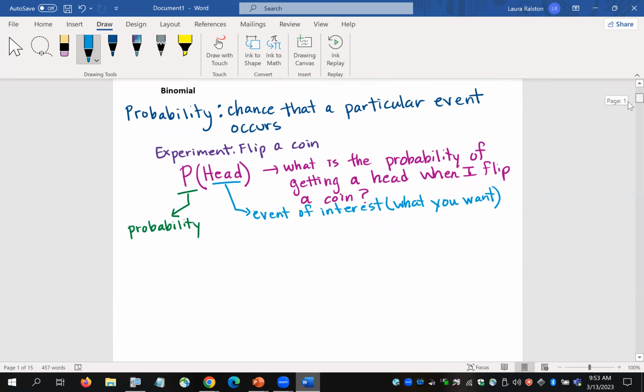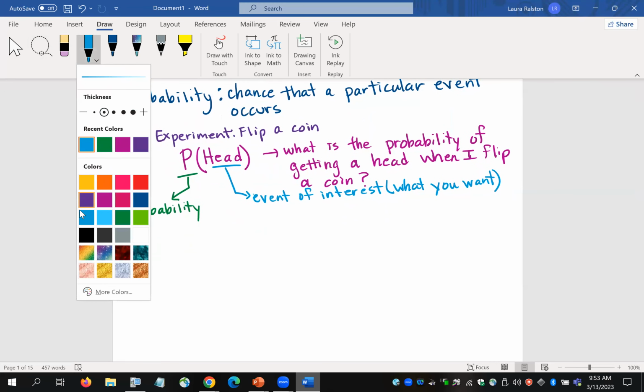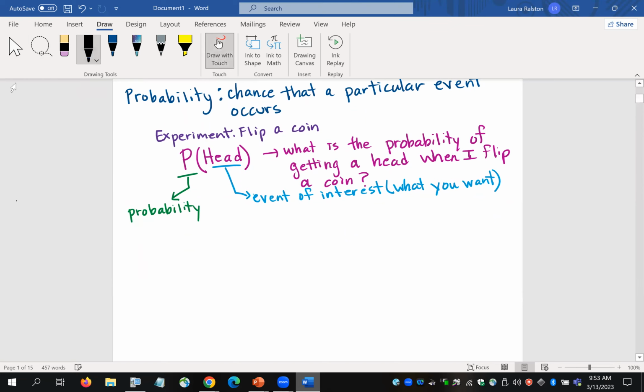Most probabilities, when we think about it from a theoretical perspective, and there are various ways to calculate probabilities, depending upon your situation.